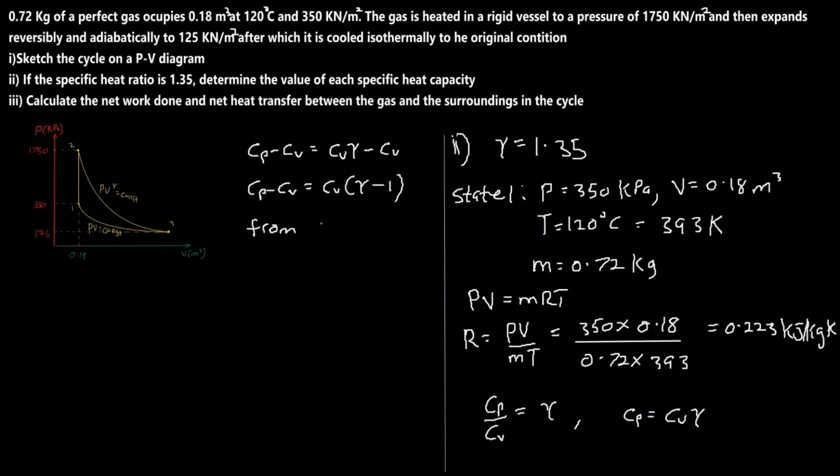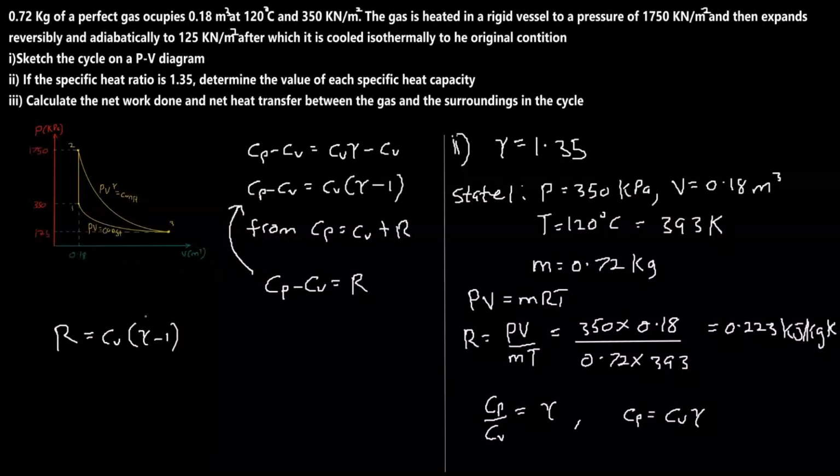Now, from Cp equals Cv plus R, we know that Cp minus Cv equals R, the gas constant. So Cp minus Cv equals Cv into gamma minus 1 becomes R equals Cv into gamma minus 1. And Cv equals R divided by gamma minus 1.